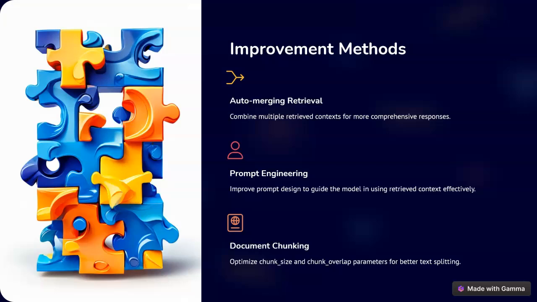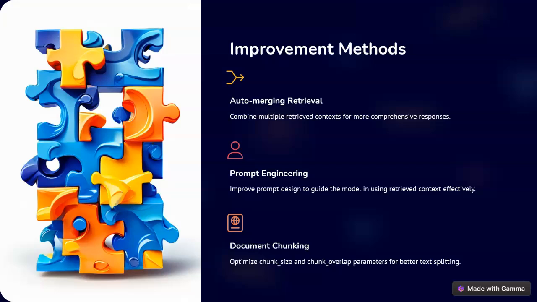To improve my RAG pipeline and the performance of our chatbot, I use methods including using an advanced RAG pipeline like auto-merging retrieval, using prompt engineering techniques, and improving our document chunking. For auto-merging retrieval, we combine multiple retrieved contexts for more comprehensive responses.